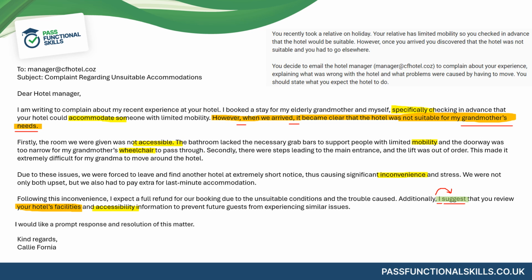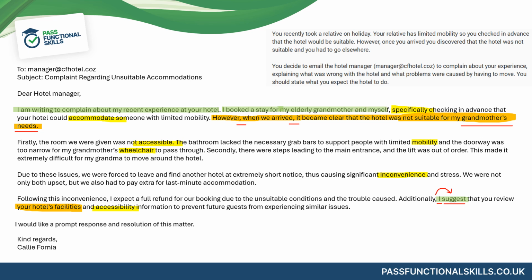Next, we want to think about using a variety of tenses. So here they start off in the present tense. So I am writing to complain about my recent experience at your hotel. So straight away in the present tense. Then we switch to the past tense. I booked a stay for my elderly grandmother and myself.